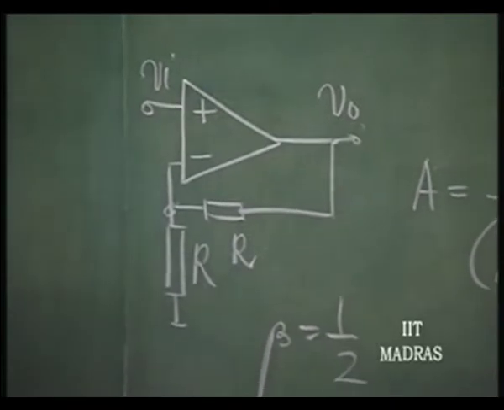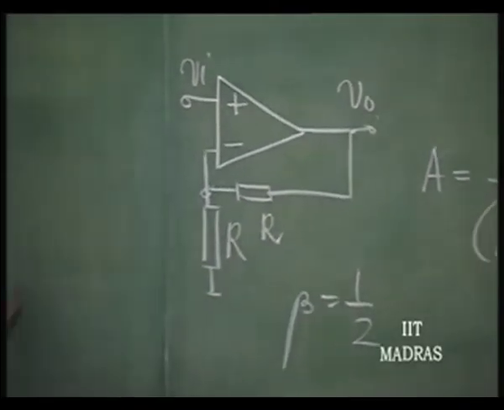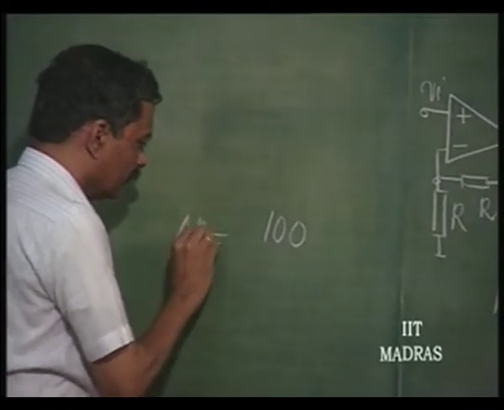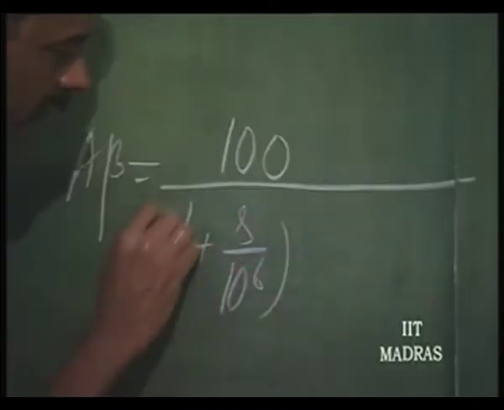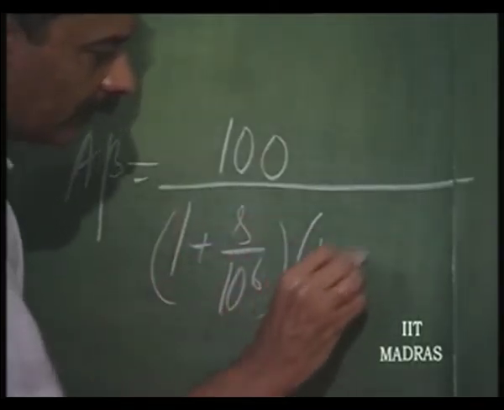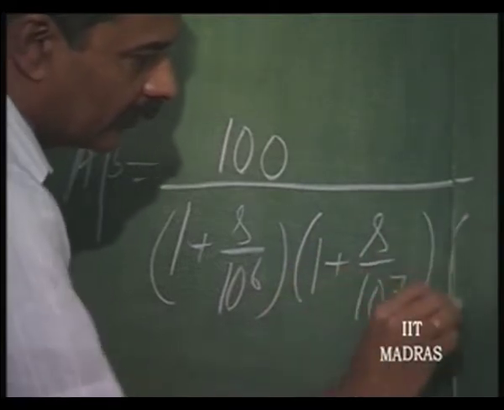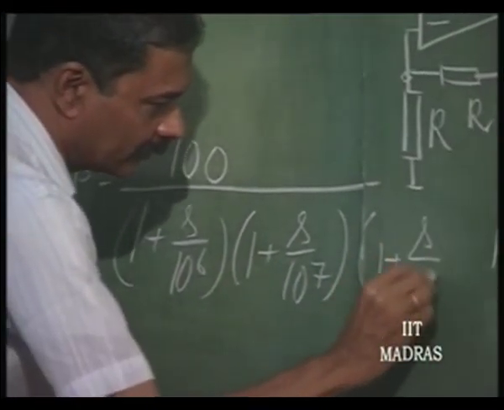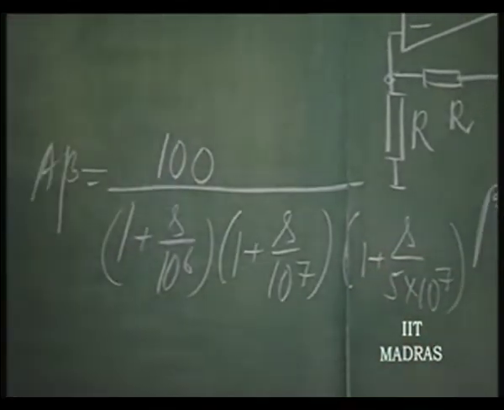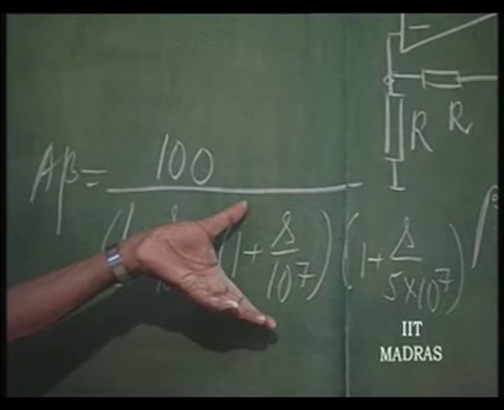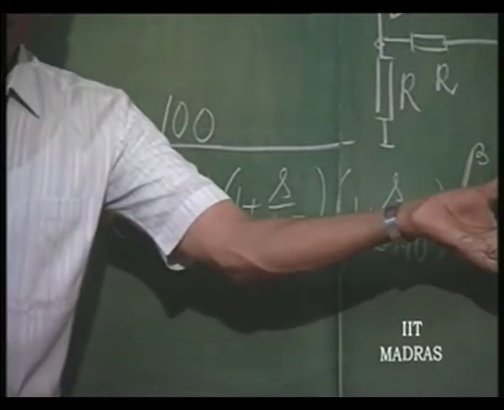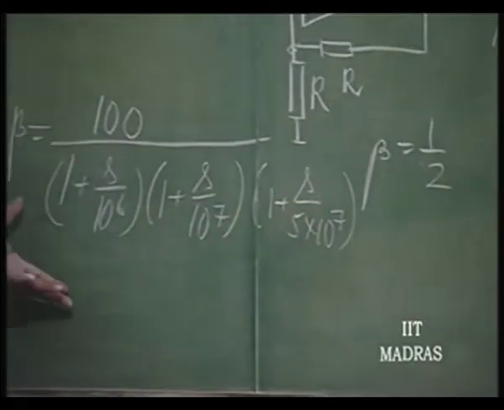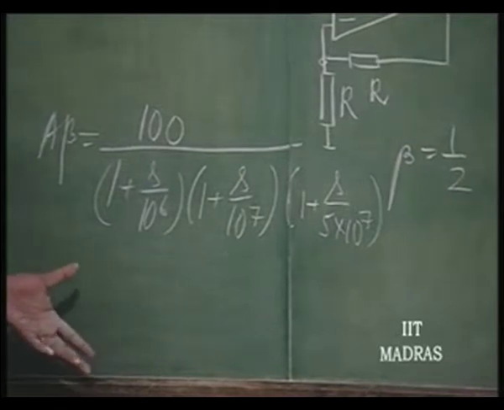So, now A beta is going to be 100 divided by 1 plus s by 10 to power 6, 1 plus s by 10 to power 7, 1 plus s by 5 into 10 to power 7. By cancelling this out and making this become a second pole and introducing a pole far away, we were able to make it stable. But if this itself is stable, there is no need to do this pole zero compensation at all. Let us see.